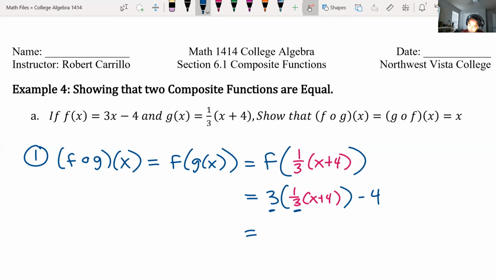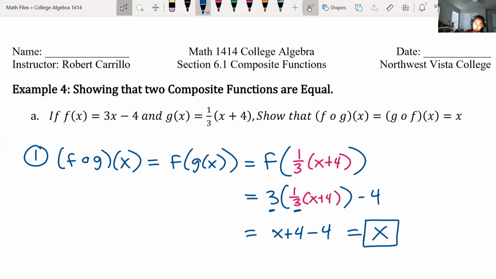Good. So that'll just leave you with x plus 4 minus 4, which leaves us with an answer of what? X. Good. So we have what we're looking for going one way.